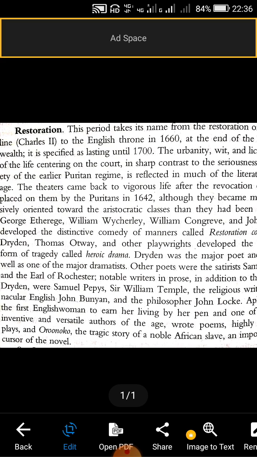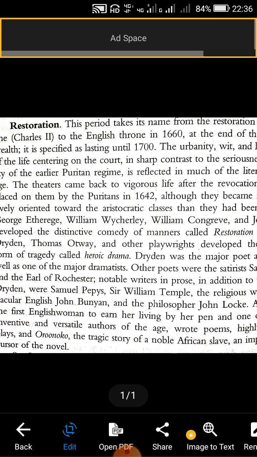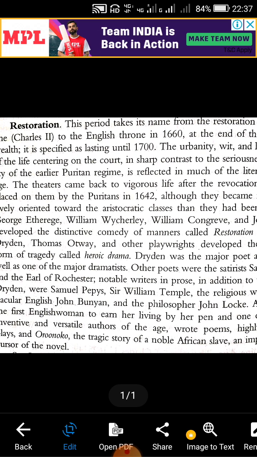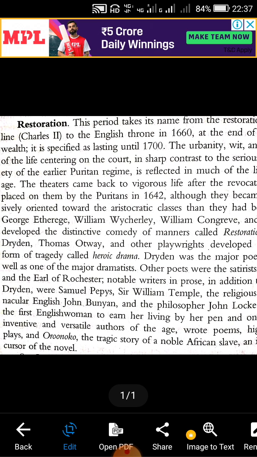Then starts the new age in English literature history, which is called Middle English period. It begins with the year of 1350 and runs till 1500.